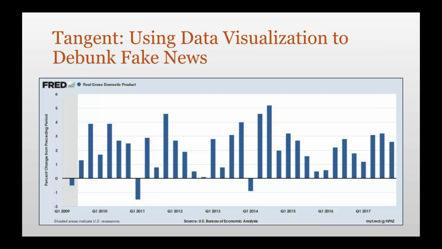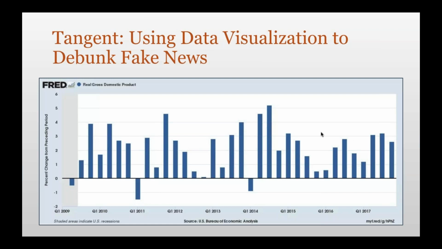If you've been reading economic news, you've probably been hearing about the most recent quarterly GDP growth. It was pretty high at 4.1 and then revised to 4.2%. But looking at a graph like this, you can see that it's not super out of the ordinary.